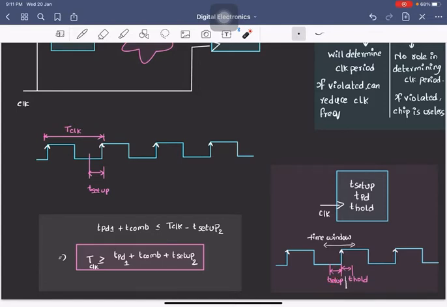There should be no transitions in this input for at least t setup time before the rising edge of the clock. Similarly, the input should not undergo any transitions after the rising edge of the clock for at least t hold time.